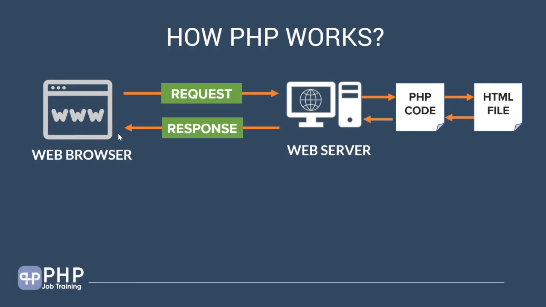Okay, a couple of things that you have to understand here about how PHP works. The PHP code executes on the server. That's point number one. Whenever the PHP code is executed on the web server, the converted code is HTML code, and the HTML code is given back to the web browser so that the web browser can display it. And the role of PHP here is basically to connect to a database.